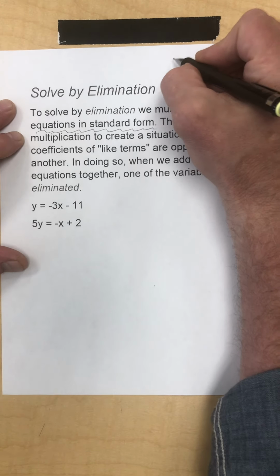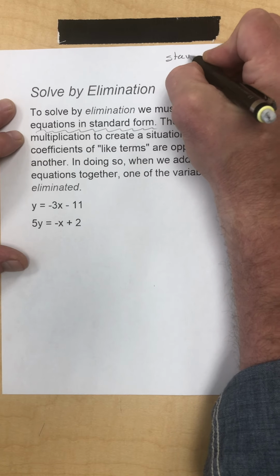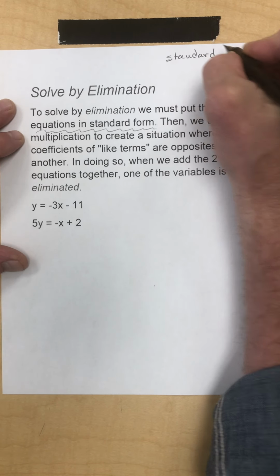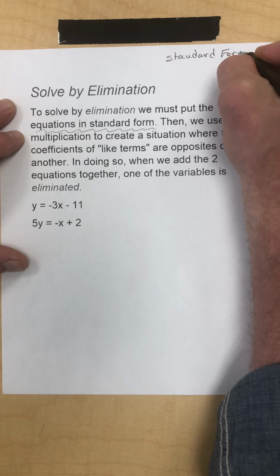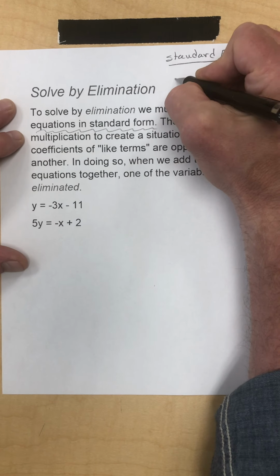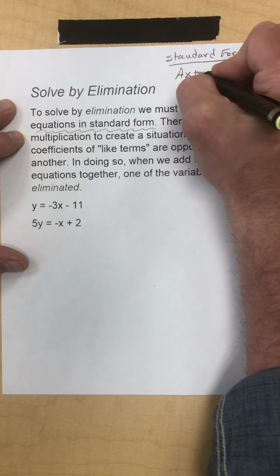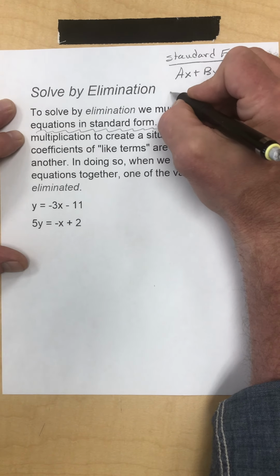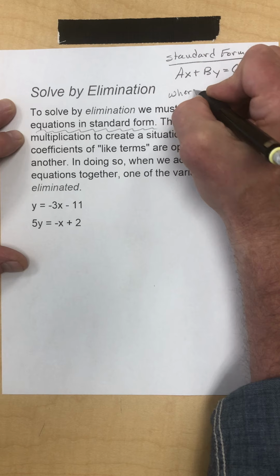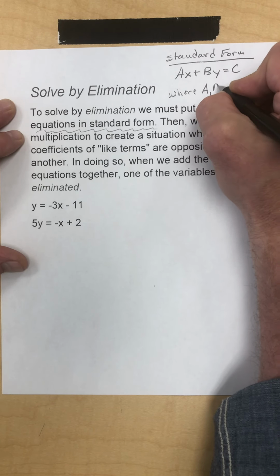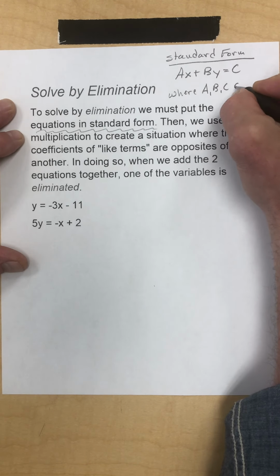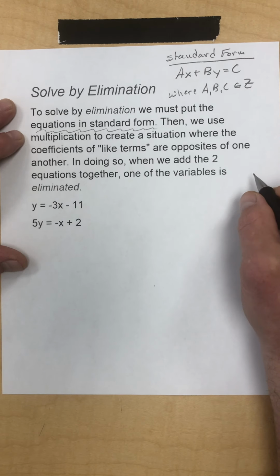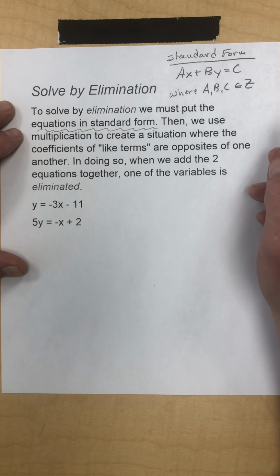Now standard form, and this is going back to Algebra 1, Algebra 2, is ax plus by equals c, where a, b, and c are all integers. So you can't have any decimals or fractions in there.